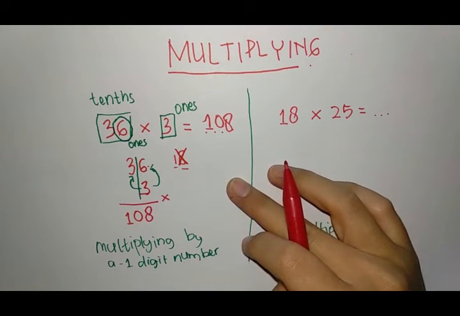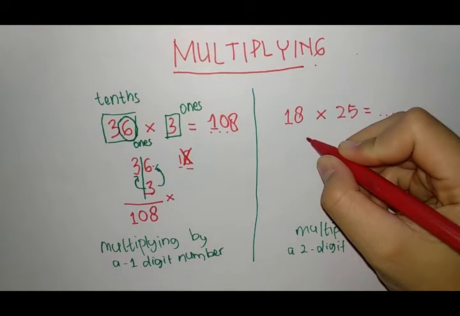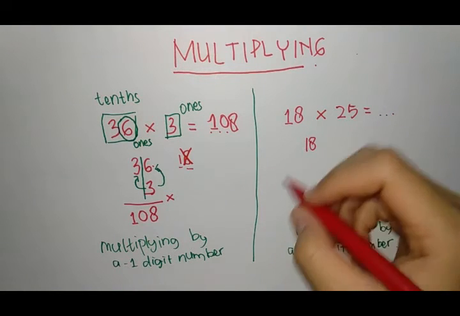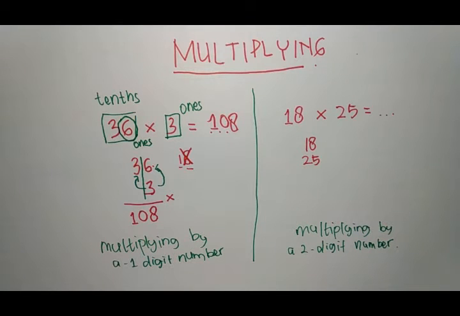So we have to make a form like this: 18 multiplied by 25. Okay. If I write 18 multiplied by 25 like this, is it correct or not?